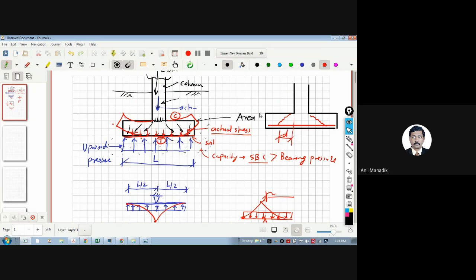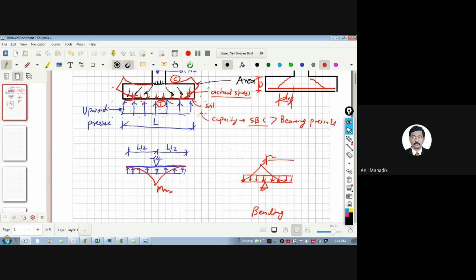Whenever I say small d, what is small d? If it is a capital D, that is the total depth. A small d is the effective depth: D minus cover minus diameter of the bar by 2. So shear will happen at this. This shear we call a one-way shear, actually. One-way shear. So there is a shear.